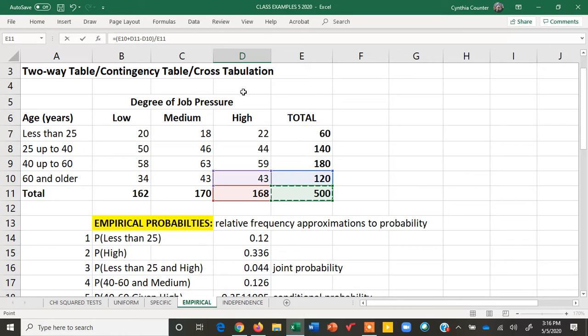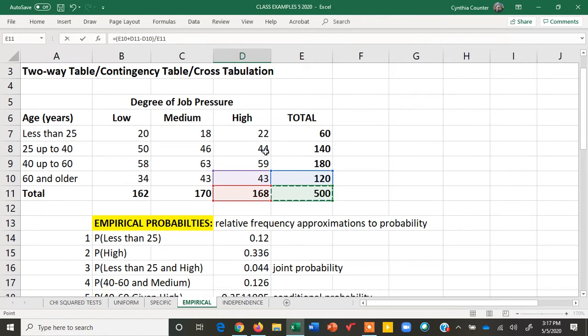So when we're doing these OR problems and using the generalized addition rule to avoid double counting, we're always going to have row total plus column total minus the intersection of the row and column. And then that sum will be divided by the grand total.